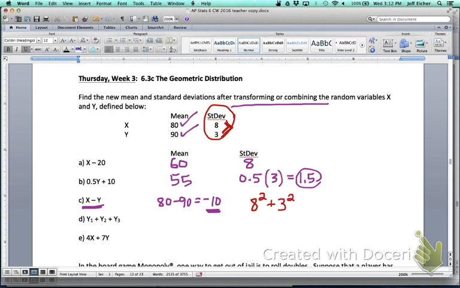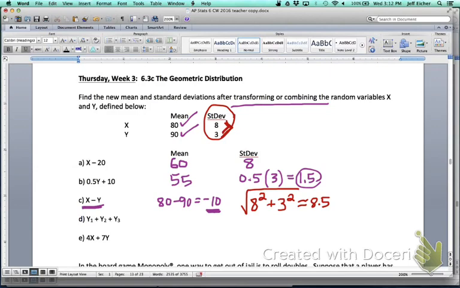And then we're going to have to take a square root of that to make the units right. So that would be our new standard deviation. And feel free to correct me if I'm wrong, but when I do that, I get about 8.5. So that is our standard deviation for the difference of the random variables X and Y.